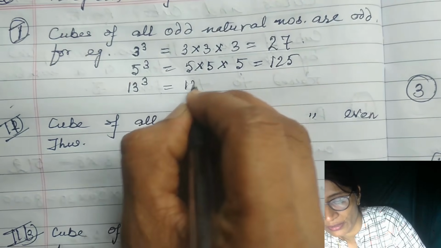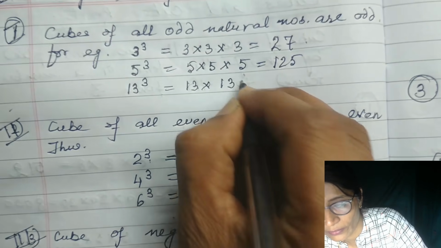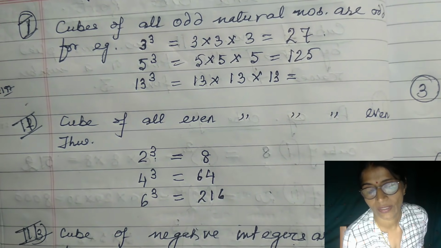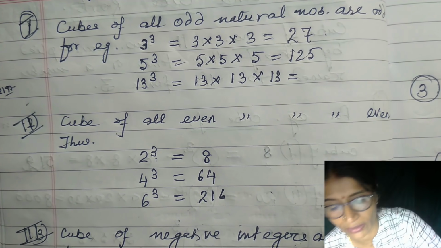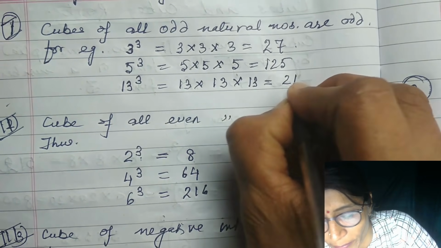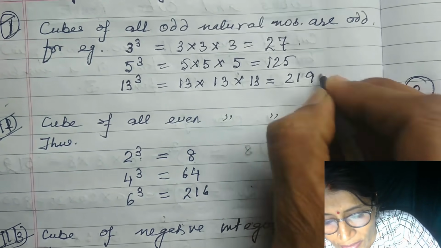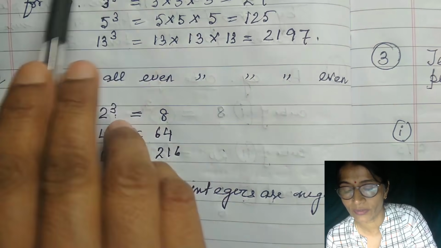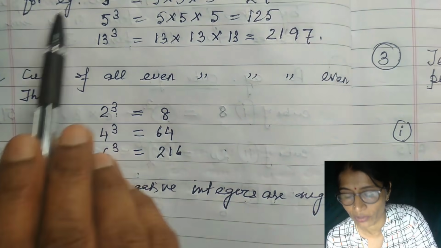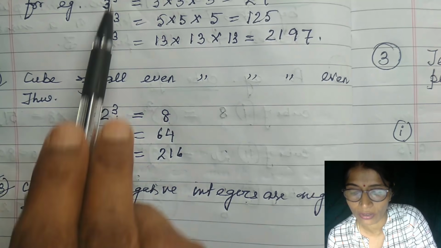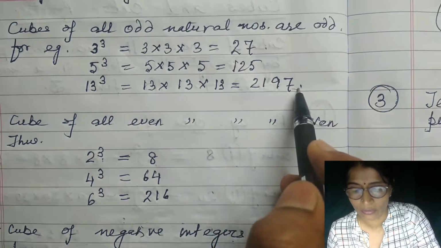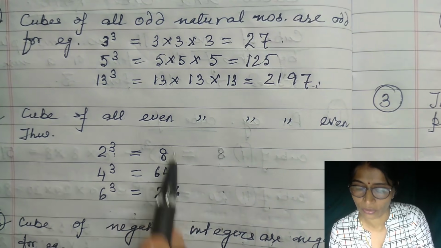Then 13 into 13 into 13: 13 into 13 is 169, and multiplied by 13, if you calculate, it will be 2197. So the cube of any odd number is always odd, but the cube of an even number is always even.